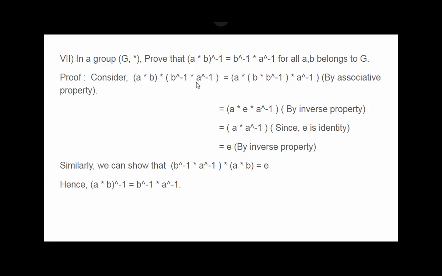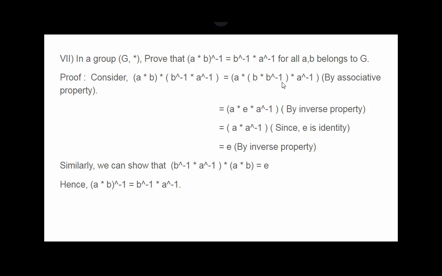By associative property, we just moved the brackets. Here one bracket was for A star B and the second one was for B inverse star A inverse. Then we took one whole bracket, and inside the bracket for this one, B star B inverse.